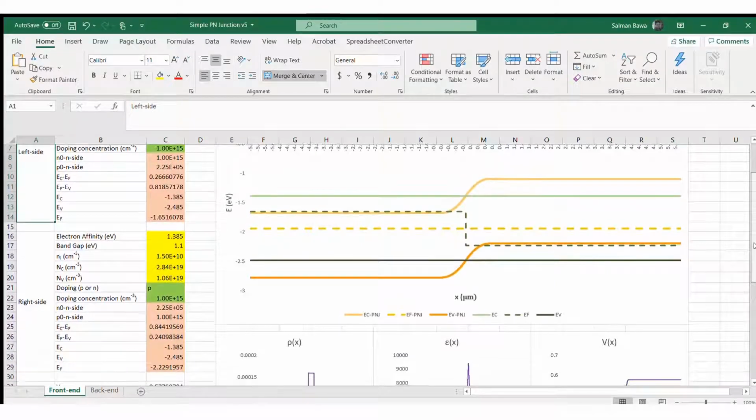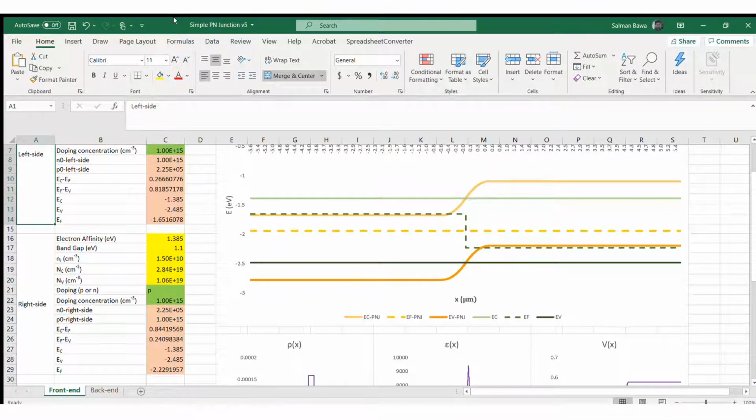And then the pink highlighted boxes are calculated from the inputs in the yellow and the green boxes from the user. And these represent N naught and P naught on the left side and the right side respectively, E sub C minus E sub F, E sub F minus E sub V, and the levels of the conduction band, valence band, and the Fermi level with respect to the vacuum.